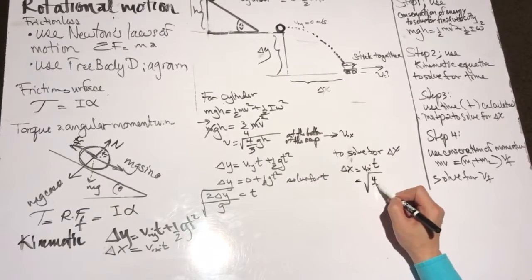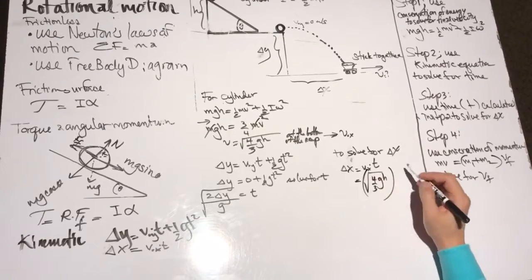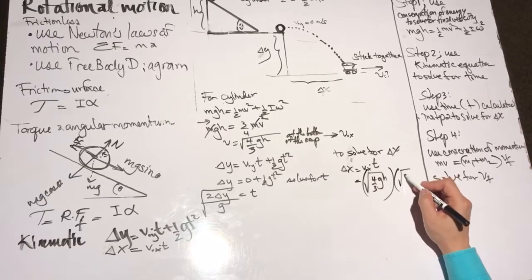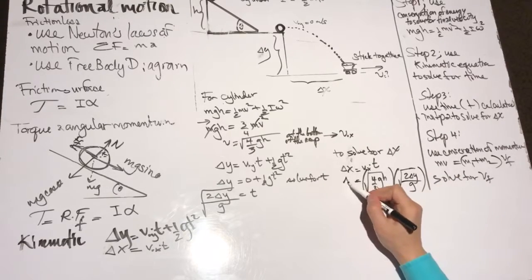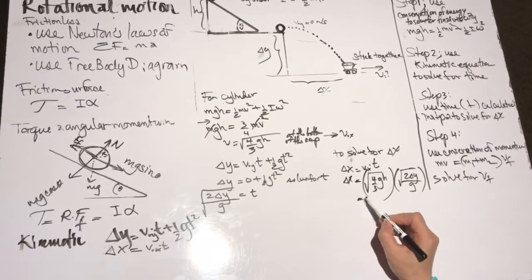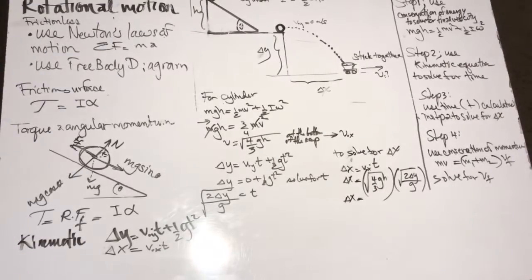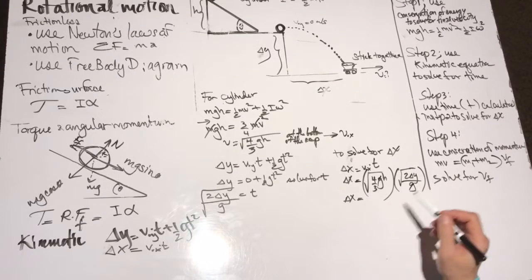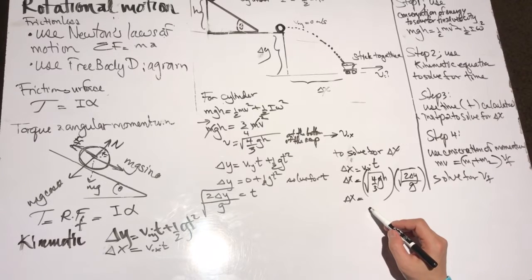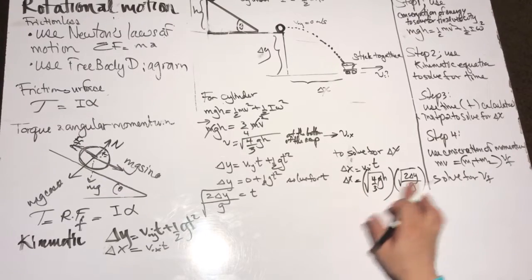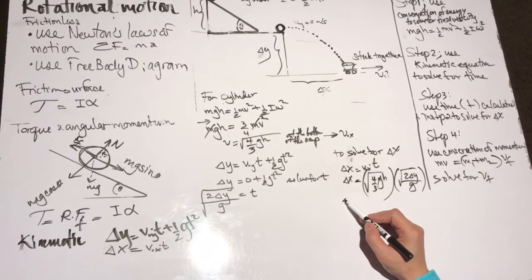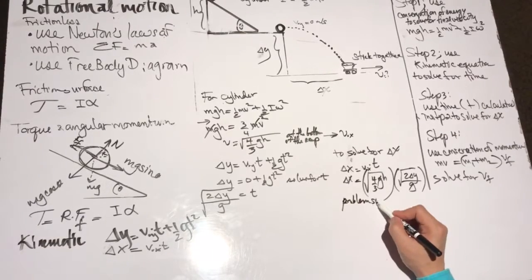I'm just going to go ahead and replace it with 4/3 times height, that's the velocity in the x direction. My delta y is equal to 2 delta y divided by gravity. Let's not simplify, let's do it like this, and then you will have to problem solve using numbers.